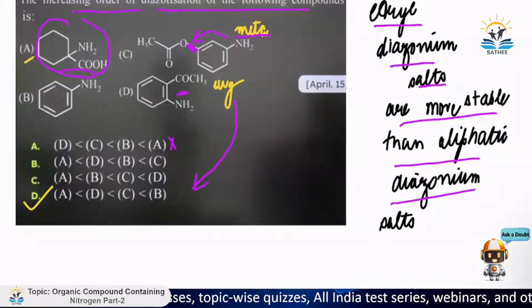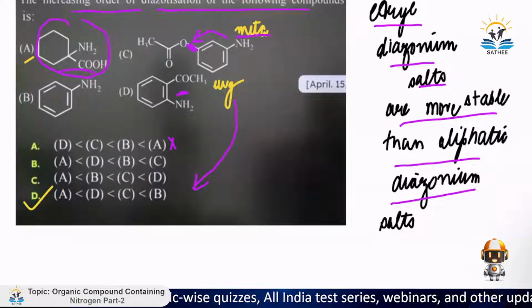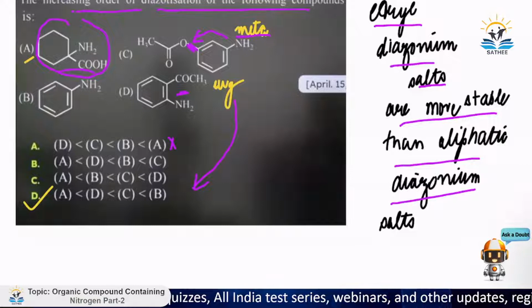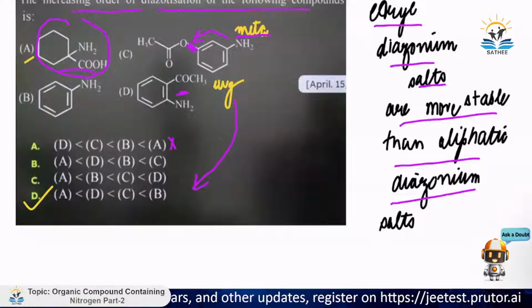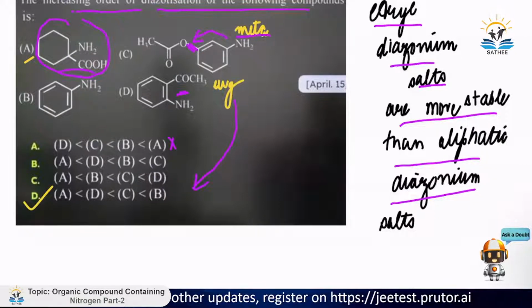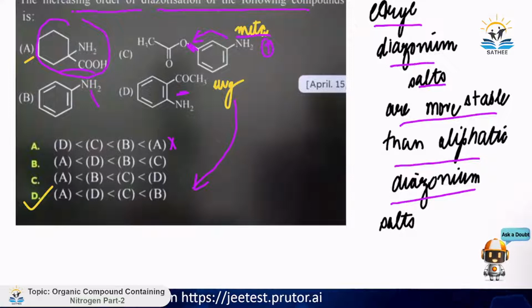The diazonium has a positive charge, and at the meta position the electron withdrawing group makes it more stable. In both cases we have electron withdrawing groups. B will be the most susceptible for diazotization, and A will be the least. We know this much.